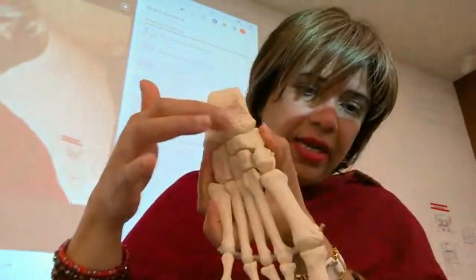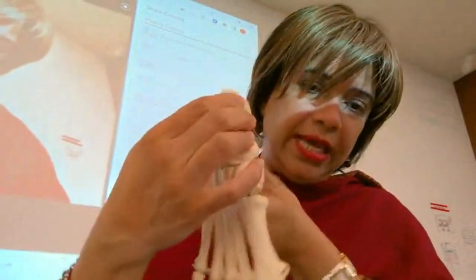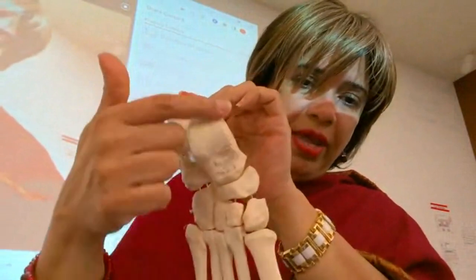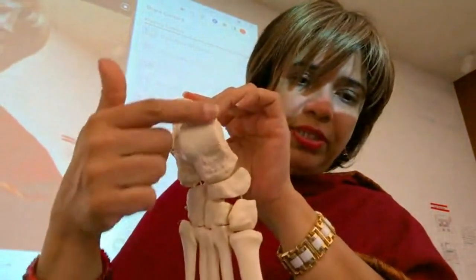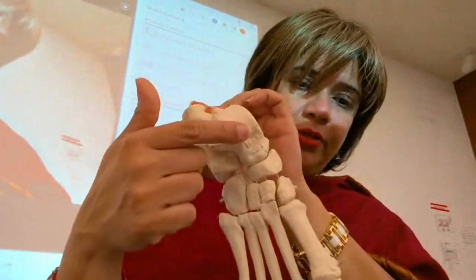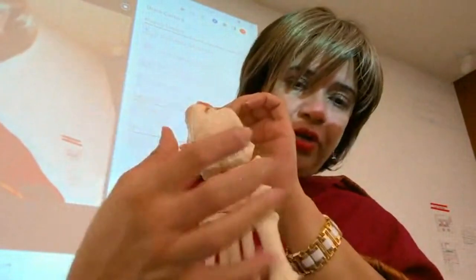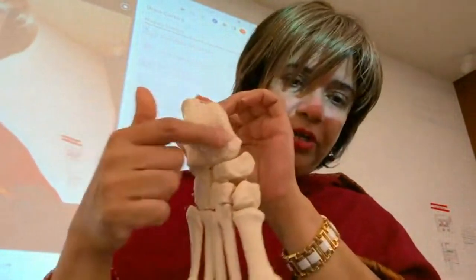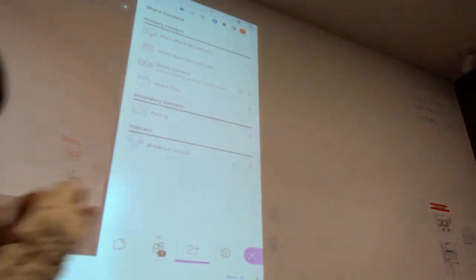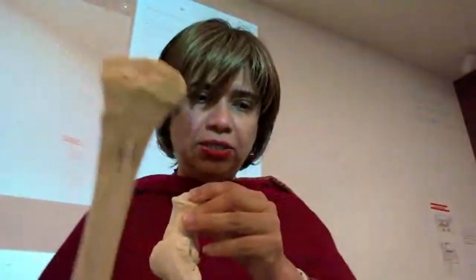Now, this is right here your talus. Talus is a bone. However, you see this smooth surface? This smooth surface is your trochlear surface. It is part of talus. It's not a bone, it's part of talus. And I will show you how it articulates as well. So this is your tibia.